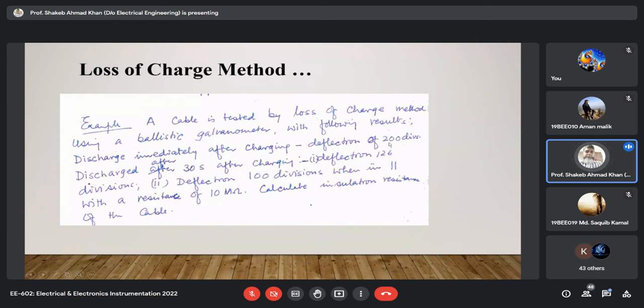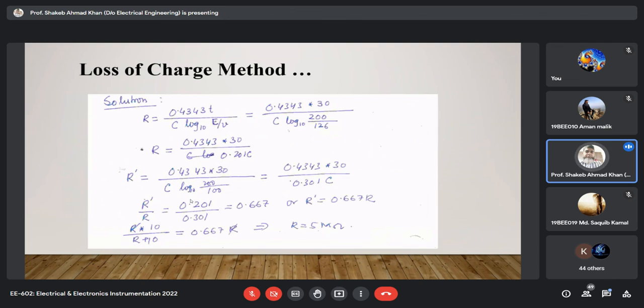This deflection is directly proportional to capital E, and in this case t is 30 seconds, and after 30 seconds small v is 126 divisions when you are using only the insulation, and 100 divisions when you are using the insulation as well as an additional parallel resistance of 10 mega ohm. So in any case we are required to calculate the value of the insulation resistance.